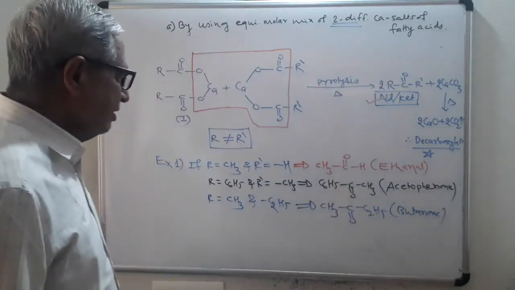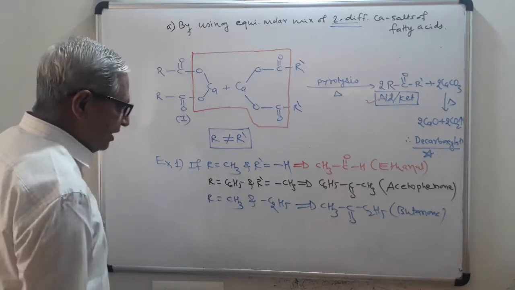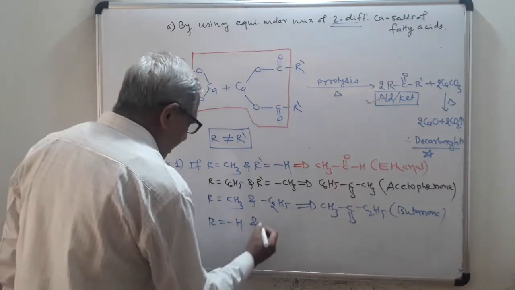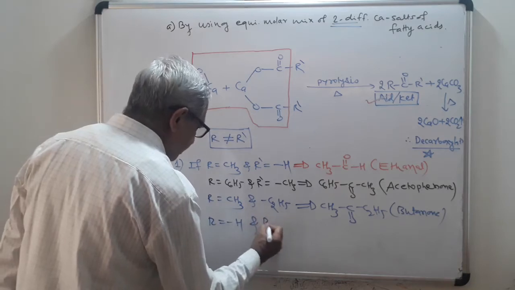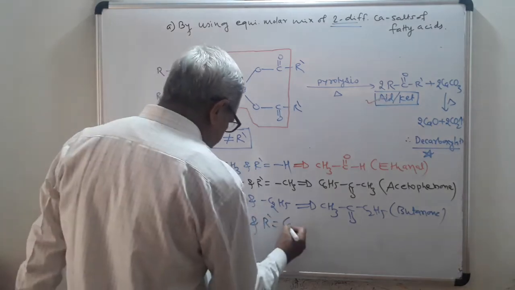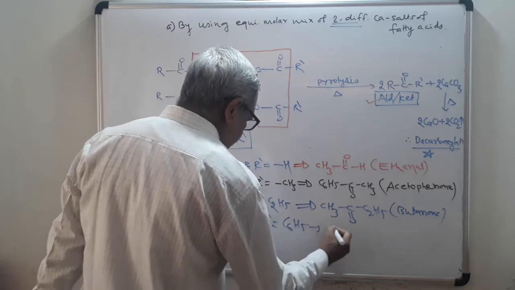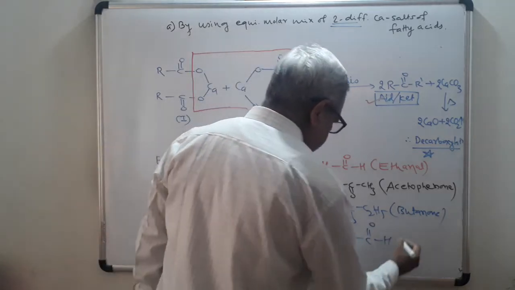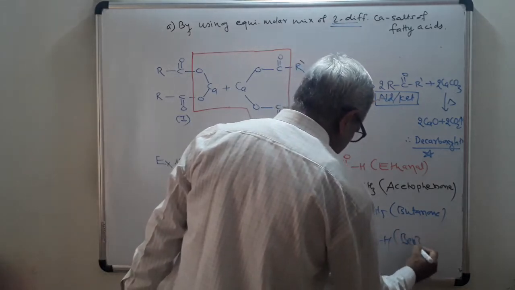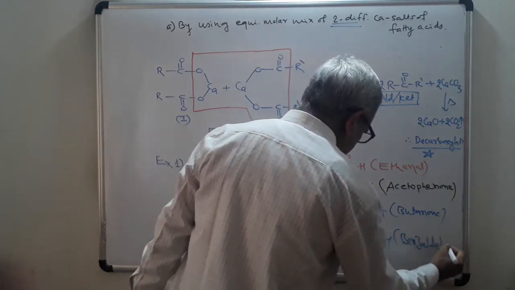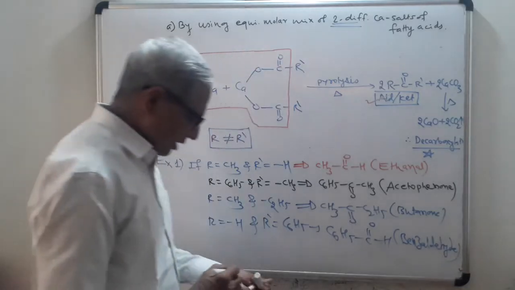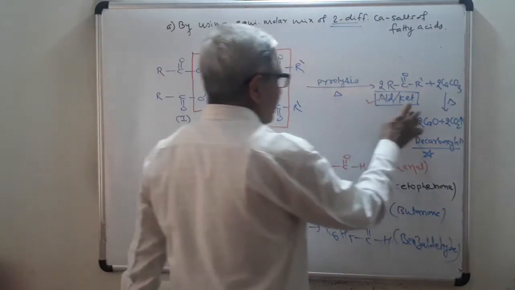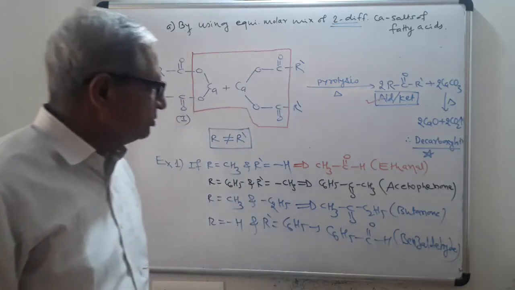So in this way, again consider the fourth example. If R is equal to H and R dash is equal to benzene ring, in this case you will get benzaldehyde, C6H5 C double bond H, benzaldehyde. So in this way we can prepare by this method both aldehyde as well as ketone.